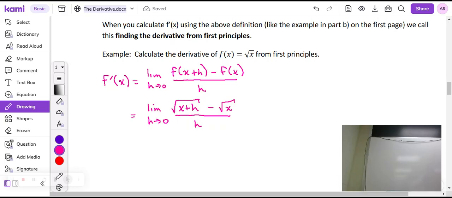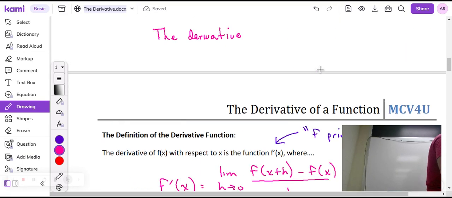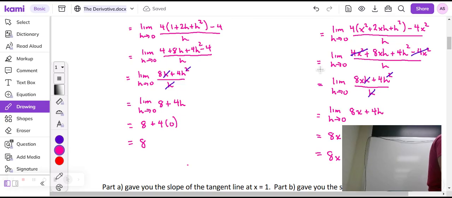Another question I often get about this time is, do we need to keep writing the limit as we go? Like if I flip back to this one here, it's limit as h approaches 0, over and over again. And the answer is yes, we need to keep writing in that limit until the point where we directly substitute h equals 0 into it.